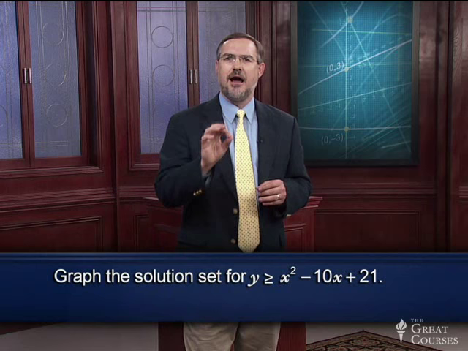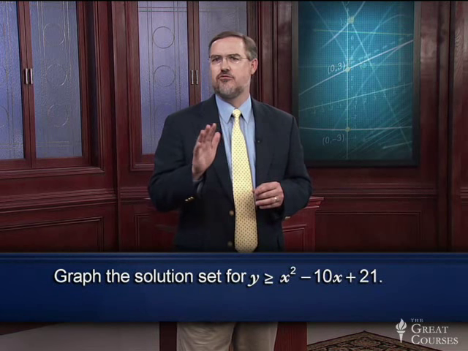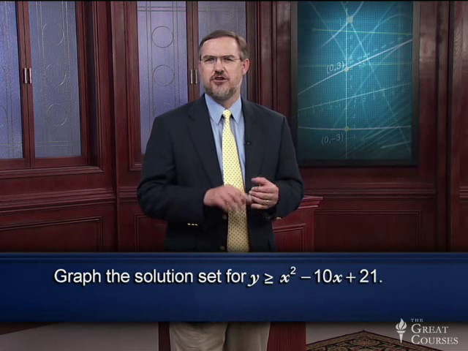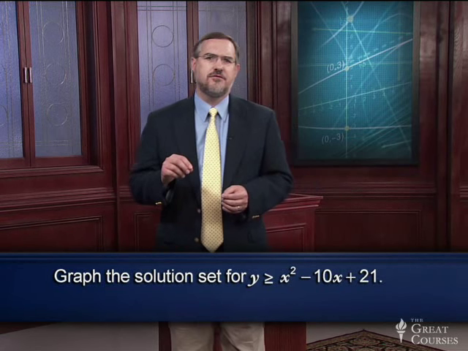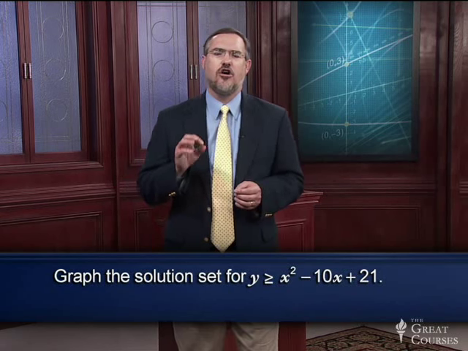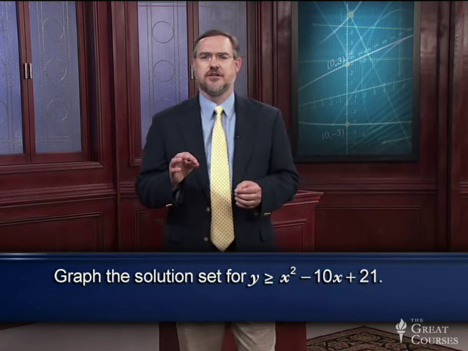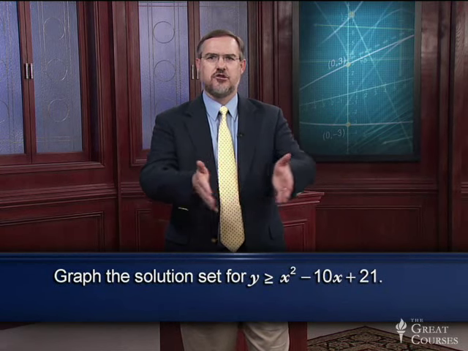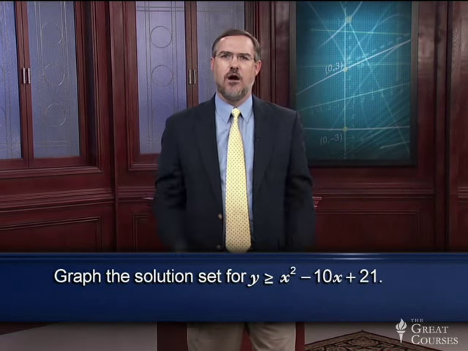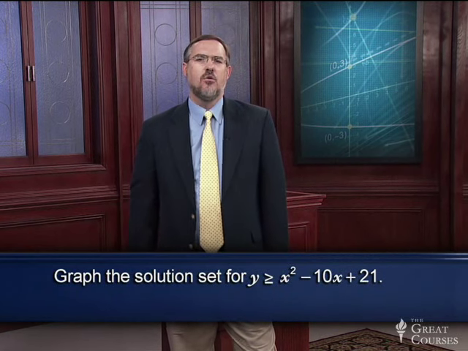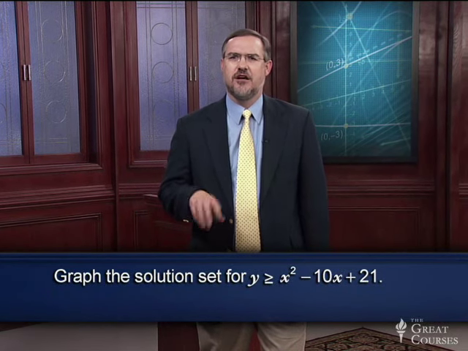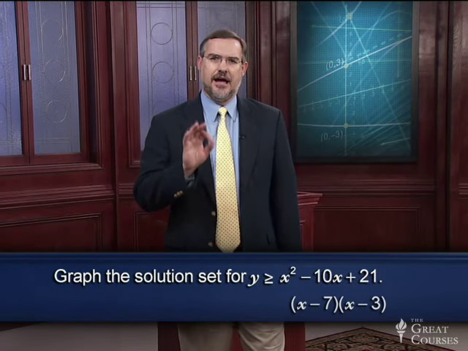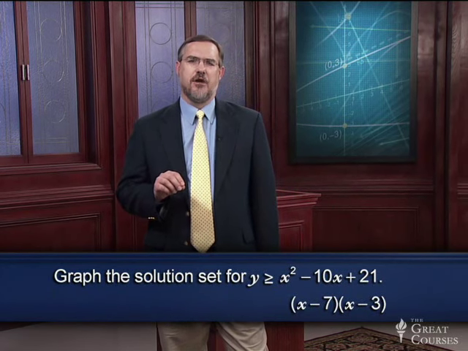What does this boundary parabola, if you will, look like? Well, we can answer that question in a few different ways. First of all, because the sign on the x squared term is positive, I know that the parabola is going to be U-shaped, or if you will, it's going to go up. The ends will go up. Okay, so that's a start. We also see that the right-hand side of this inequality factors nicely as x minus 7 times x minus 3.